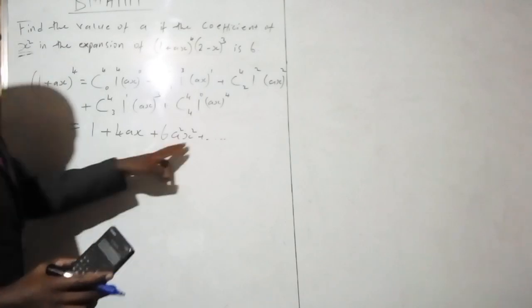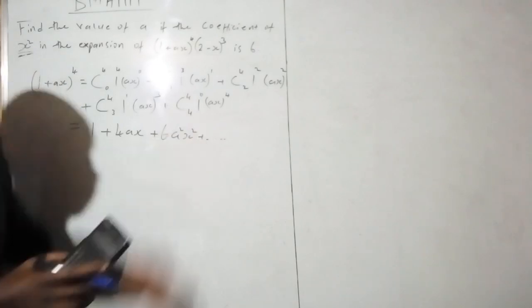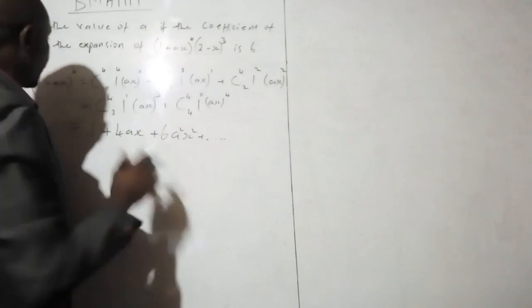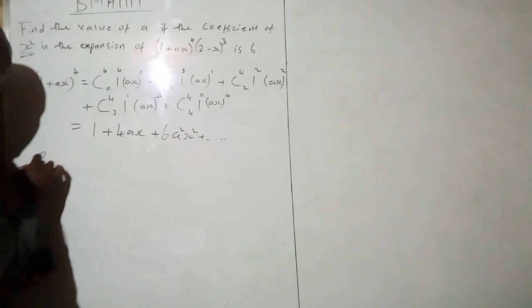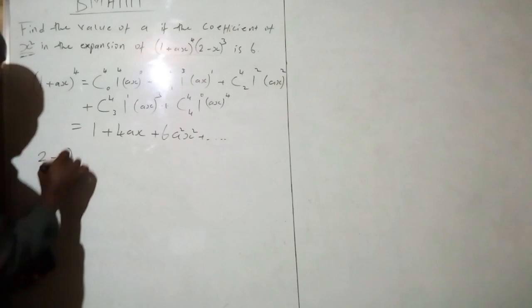Next, we have (2 - x)^3, and again we are going to use combinatorial.